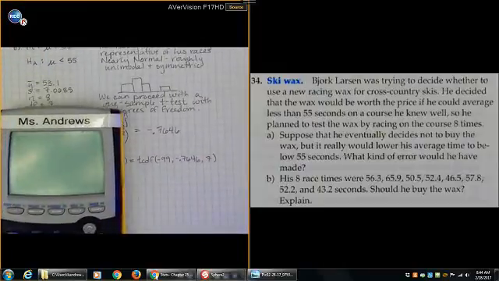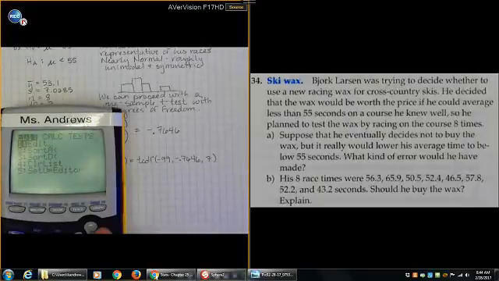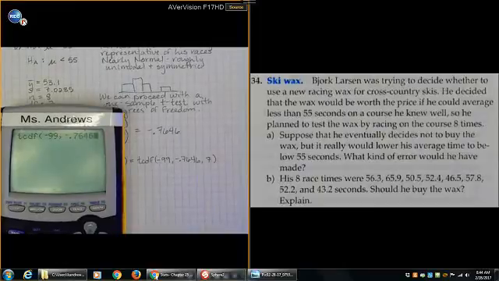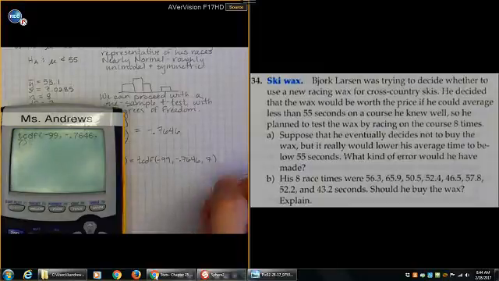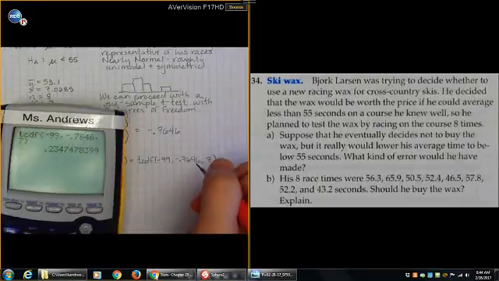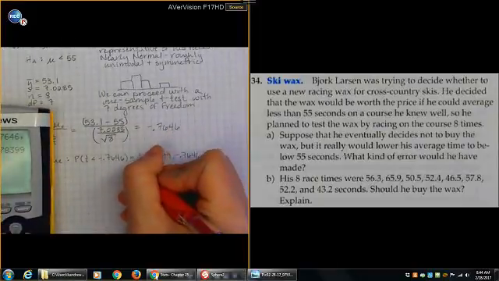And another thing that I saw on your test was a lot of people saying whether we had evidence that the null was true, and that's not what we're looking for. So always link your decision to your p-value. Your decision is to either reject the null or fail to reject the null. If you have a low p-value, you reject the null. If you have a high p-value, you fail to reject the null.